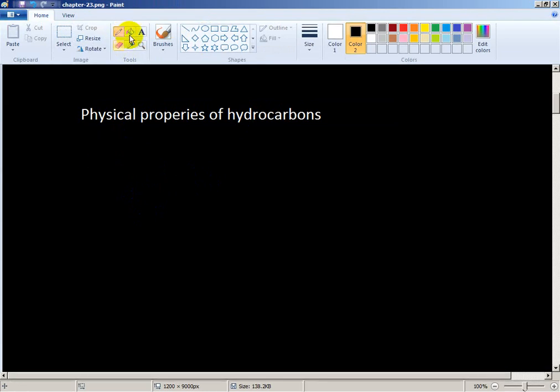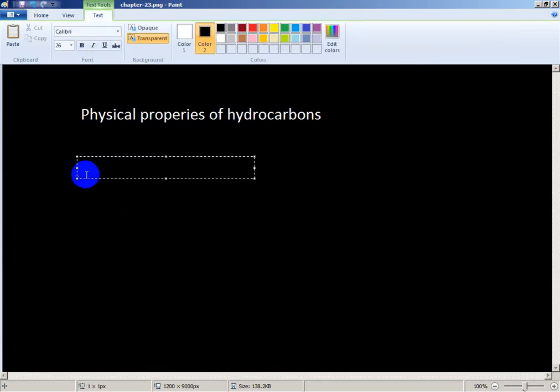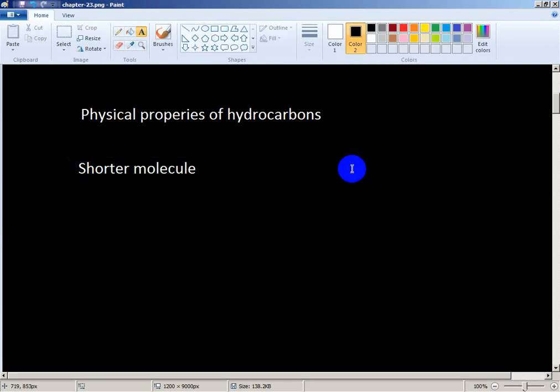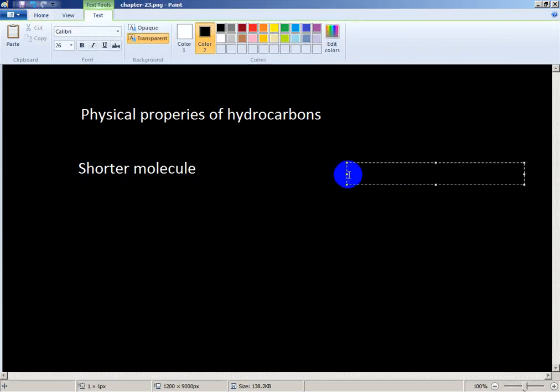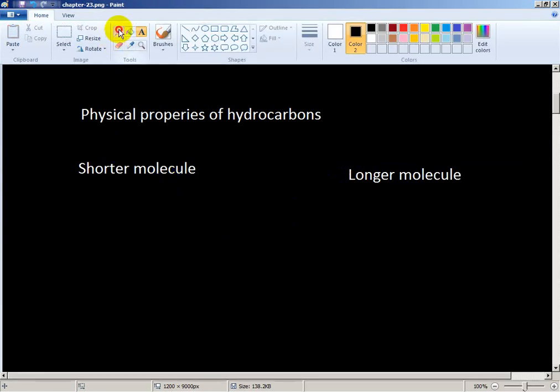I am writing here, on the left hand side, shorter molecules. On the right hand side I will write longer molecules.